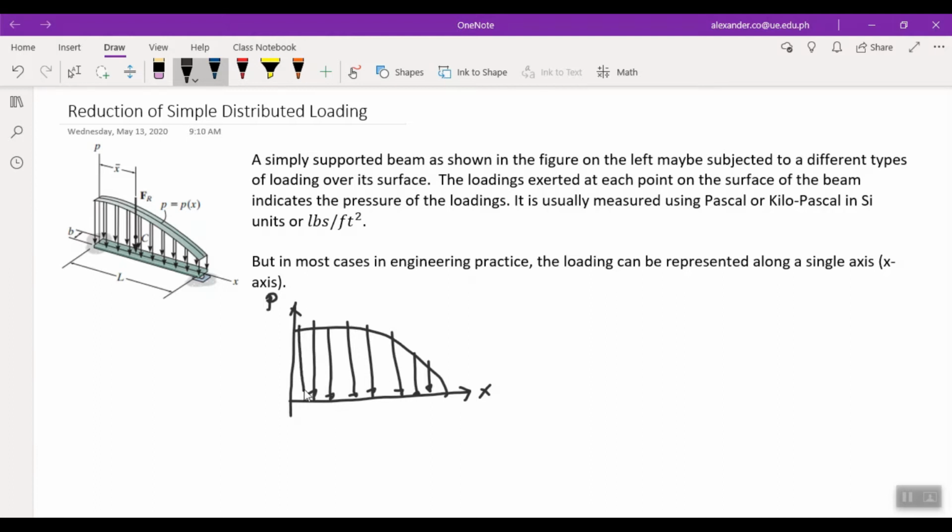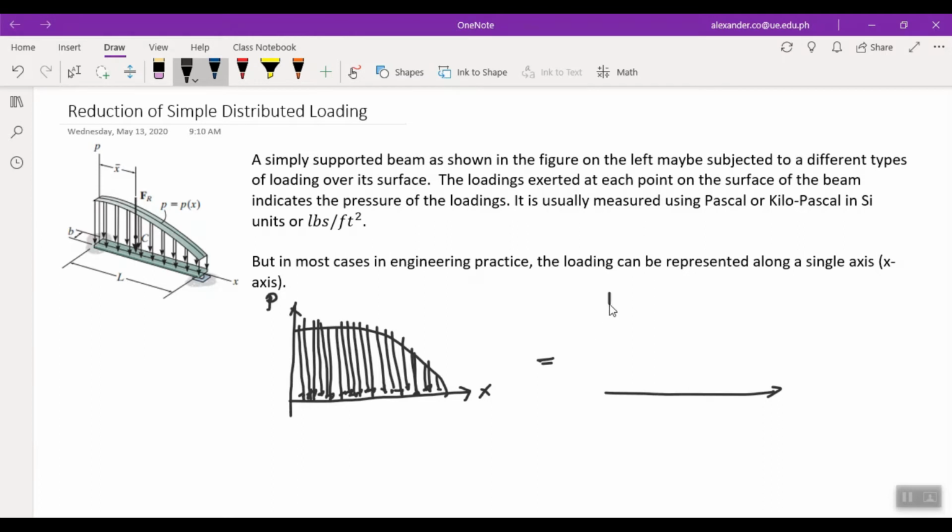this is actually also a concentrated force, but it is so infinitesimally small that when you put them side by side, it's now called a distributed loading. What we will do is simplify this load, these forces, into something like this.